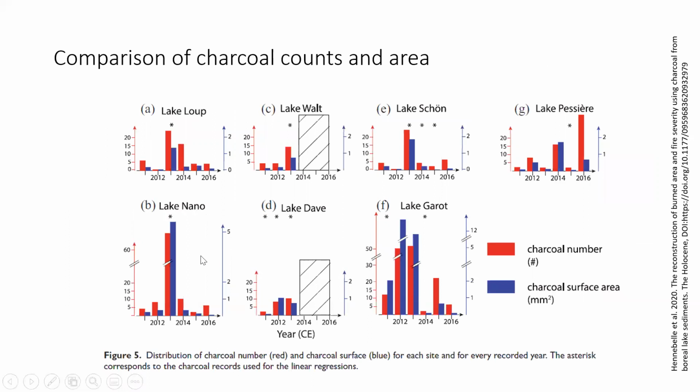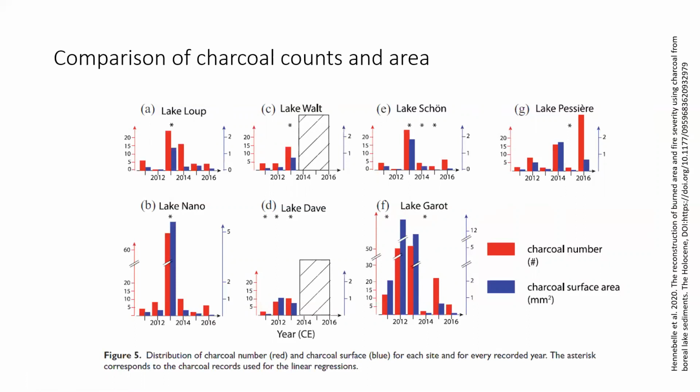As I said, both the charcoal number or the count and also the charcoal surface area from the sediment samples are analyzed, and they give more or less similar results. Sometimes the counts can a little bit over-represent the fires, because if you have bigger particles that are breaking, then you would have higher counts because of the breakage of the charcoal particles.